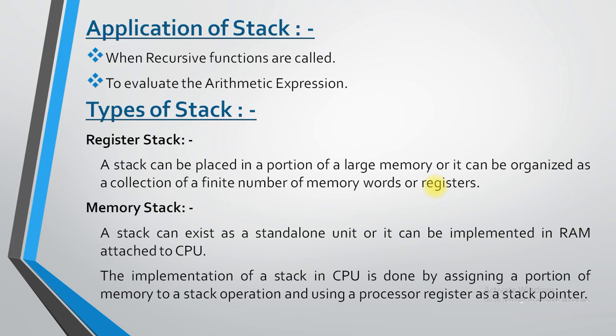There are two types of stack: register stack and memory stack. A register stack provides you a large memory in which you can store your data in an organized manner, or it is a collection of a finite number of memory registers. A memory stack is a standalone unit which can be implemented in the RAM attached to the CPU. So you can choose any stack based on your requirement.